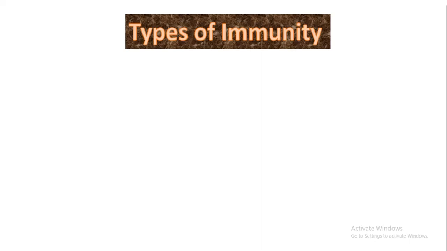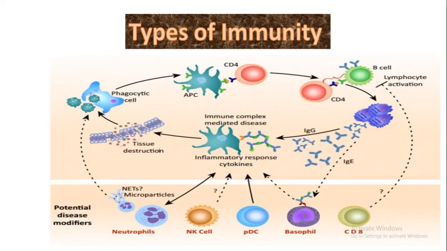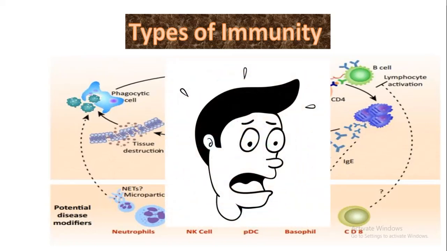In short, immunology is trying to explain the immune system. Here we have a picture which is trying to explain some complex movements that are involved in the immune system. At this point, I'm sure some of you are worried and trying to know how complex this process is.